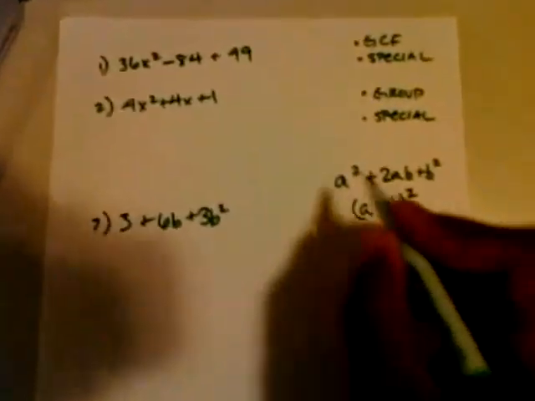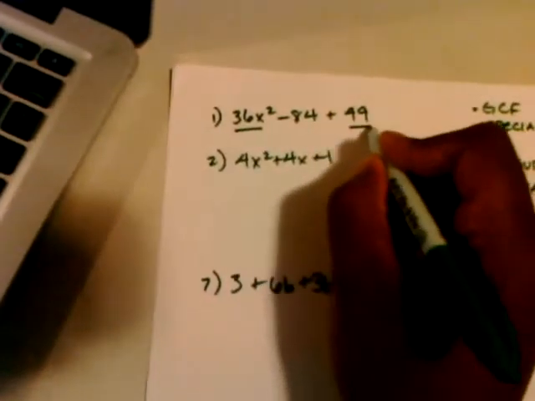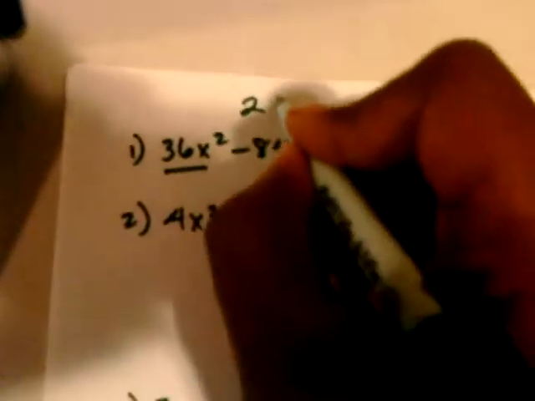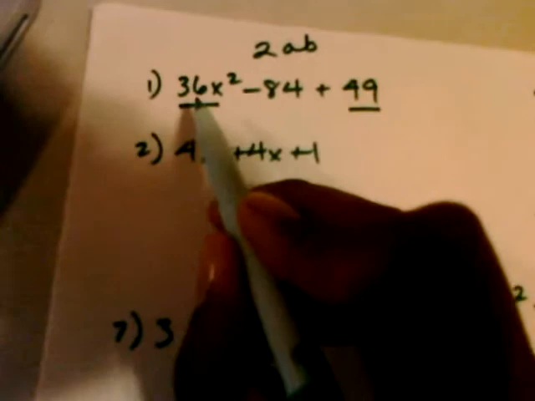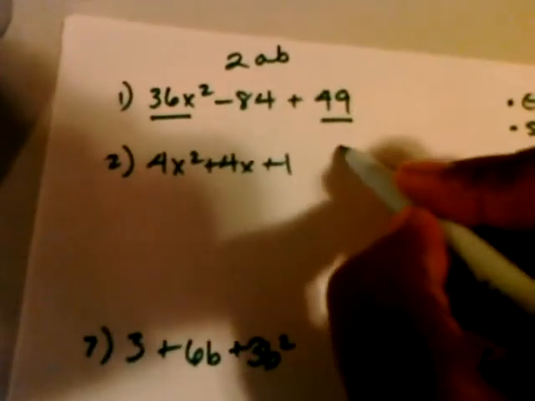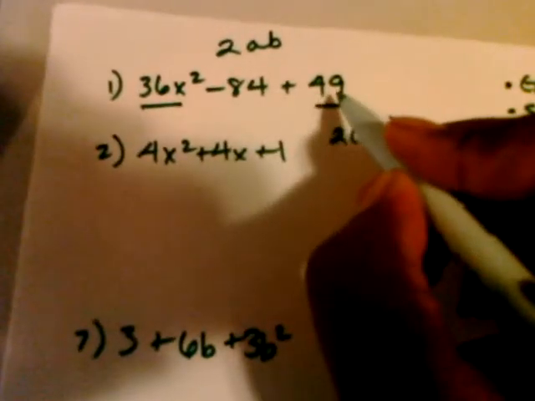And so what we're going to check here is we're going to look at our a squared and our b squared, and see if this middle term is equal to 2 times a times b. The square root of 36 is 6, so a would be 6x. So we're going to have 2 times 6x, and then the square root of 49 is 7.